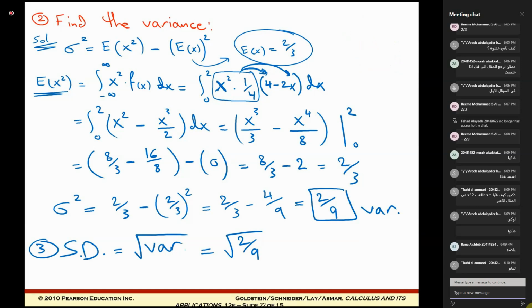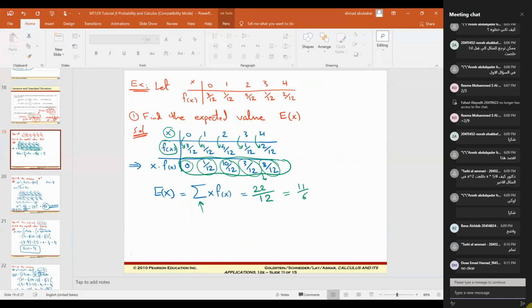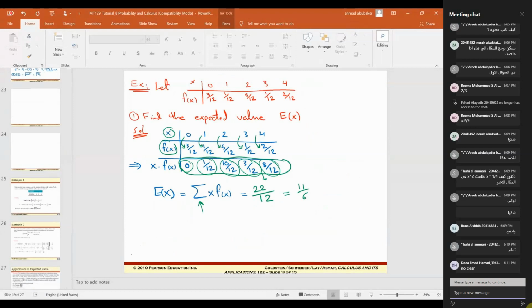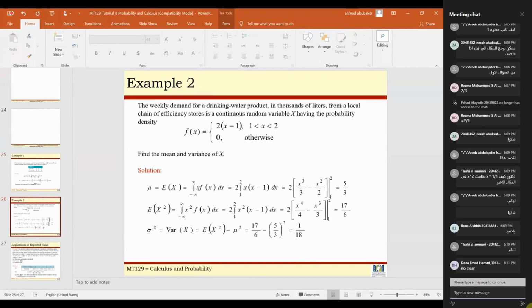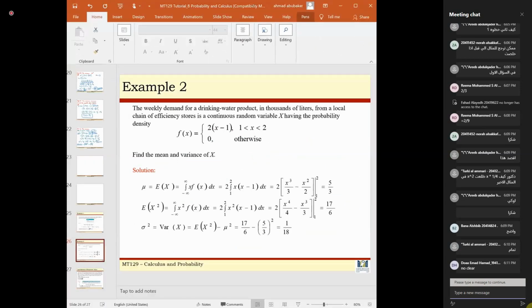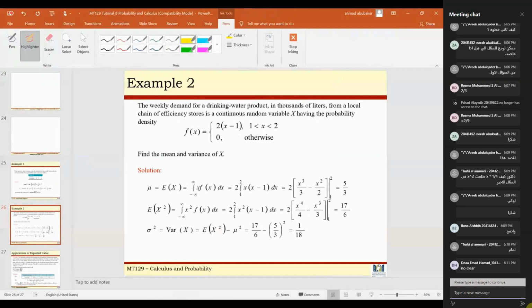Any question? There are solved examples for this topic, meaning in the slides. Sorry, why did it come up in the slide? In this there is a solved example on how to find the variance and the mean and the standard deviation for discrete. This is for continuous. How can we find the mean or expected value and the variance.